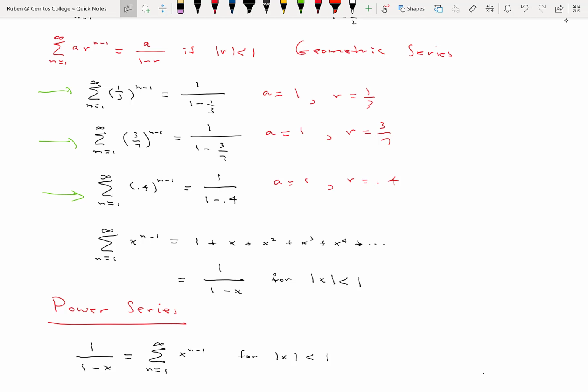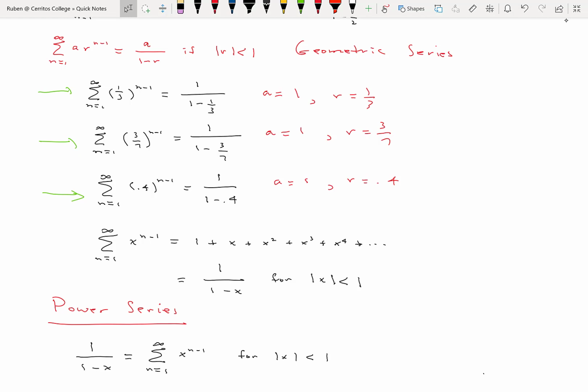In fact, for the rest of our semester, for sections 11.8 through 11.11, the idea is to take common functions that occur in the sciences, in particular this one 1 over 1 minus x, but they could be functions like sine of x, cosine of x, e to the x, log of 1 plus x, etc. Take common functions that occur in the sciences and replace them with power series, with sums of powers.